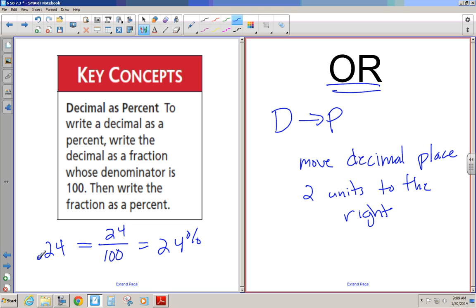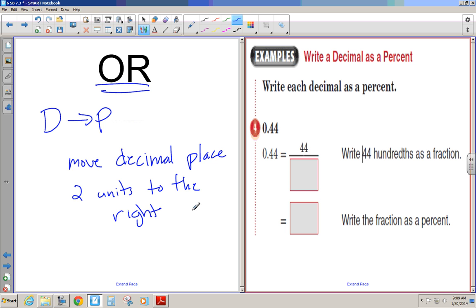Okay, you're going to move this 2 units to the right. So for this, we should follow the right steps. So multiply by 100, and then that means 44%. 44 hundredths is 44%. You could have done 0.44 and moved the decimal 2 places to get the same answer.